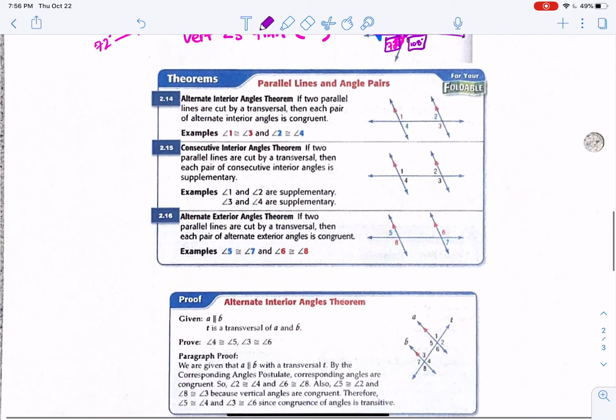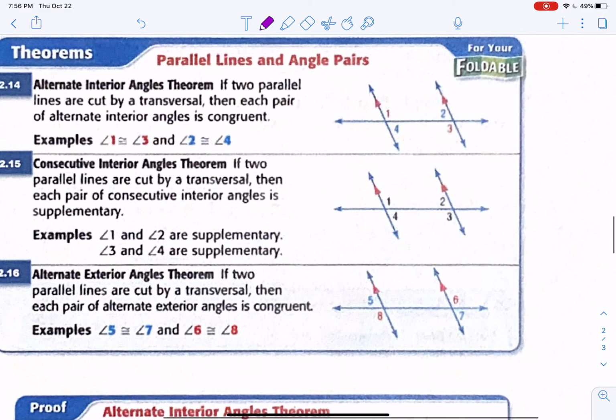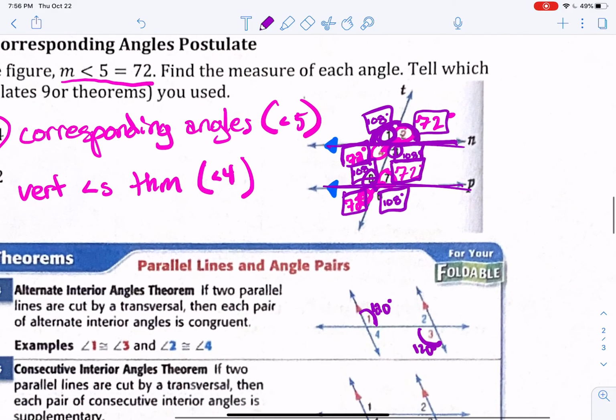Okay, so parallel lines and parallel angles, the alternate interior angles theorem. Angle 1 and angle 3 are alternate interior angles. And what happens with that is angle 1 and angle 3 will end up being the same measure. So let's say angle 1 is 120 degrees. Angle 3 will also be 120, kind of like up here.